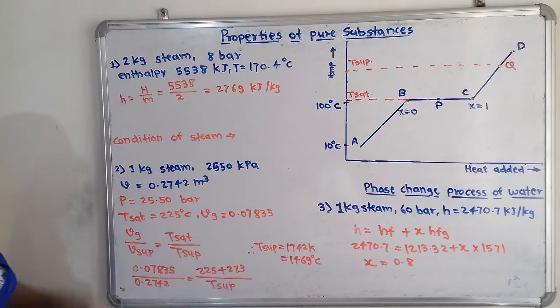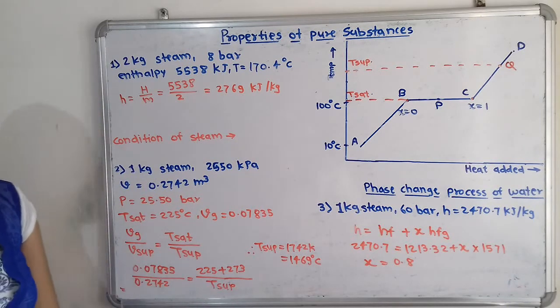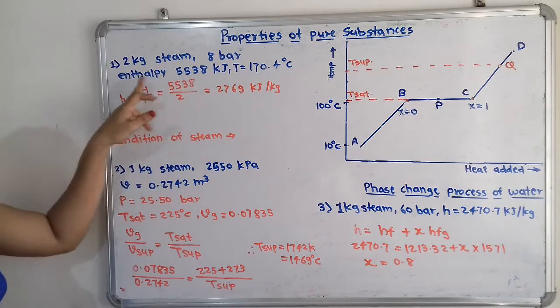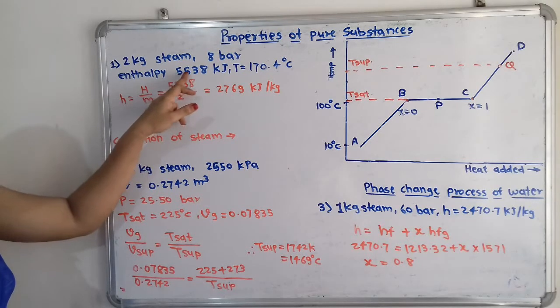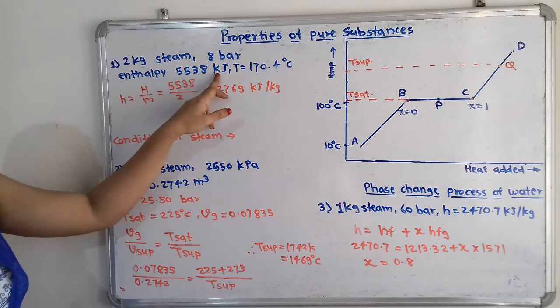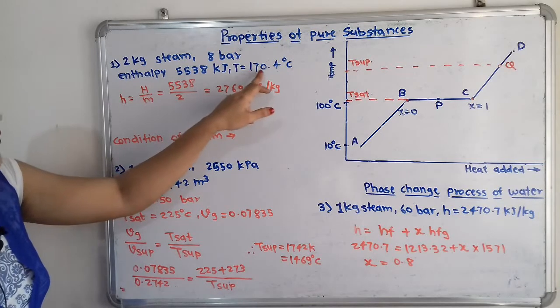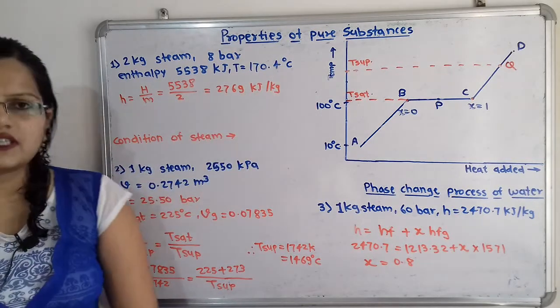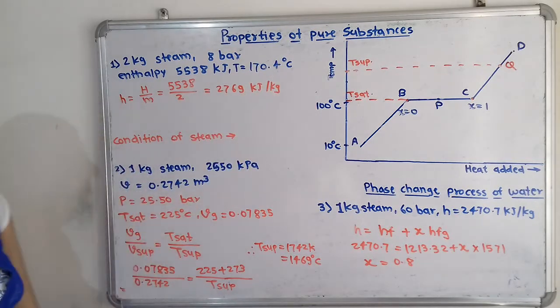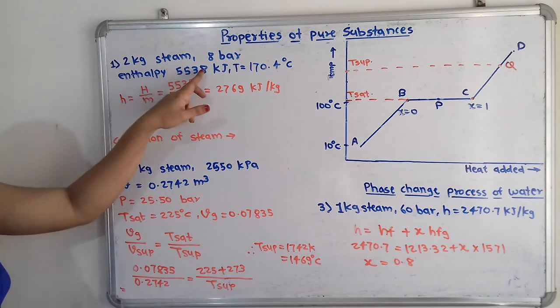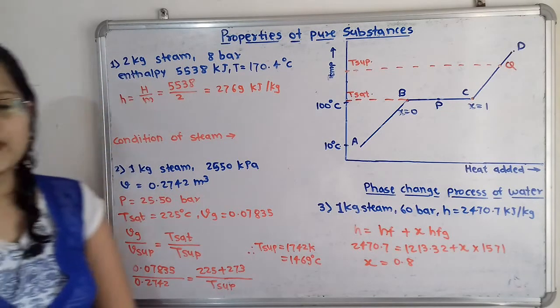So for the first case, 2 kg of steam is given, pressure is 8 bar, enthalpy is given as 5538 kilojoule and temperature is 170.4 degree Celsius. Now if we observe here, the enthalpy is given and mass is also given.